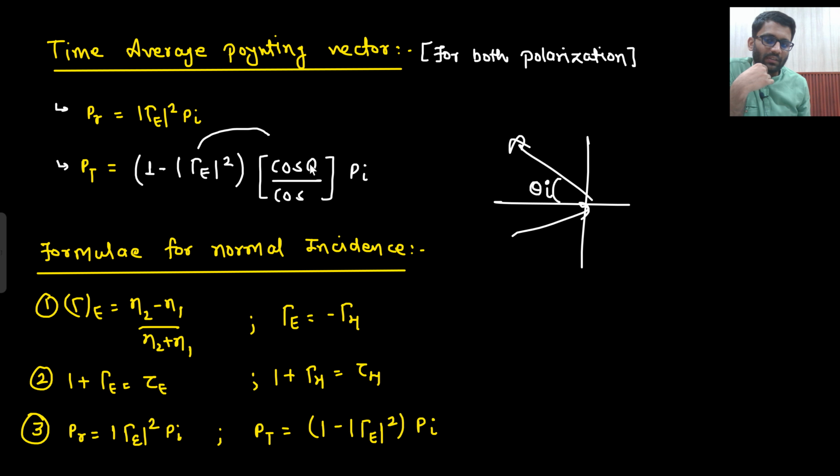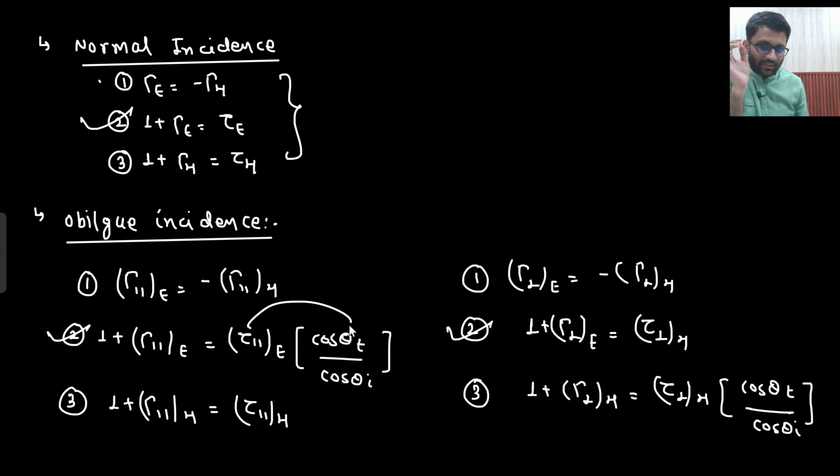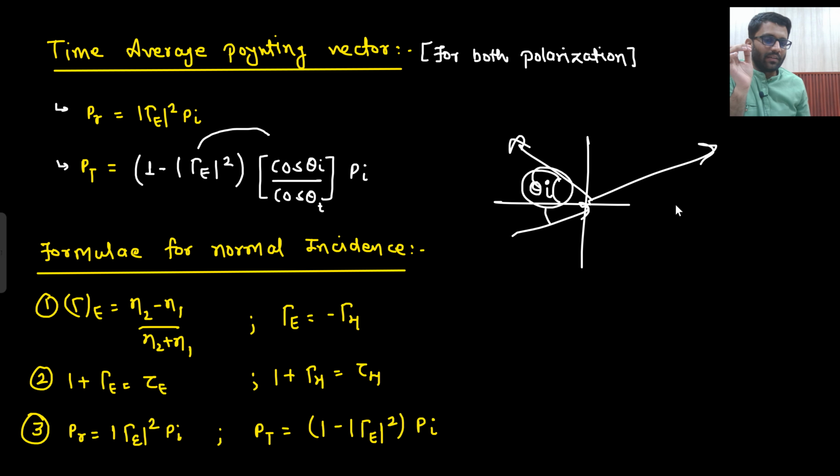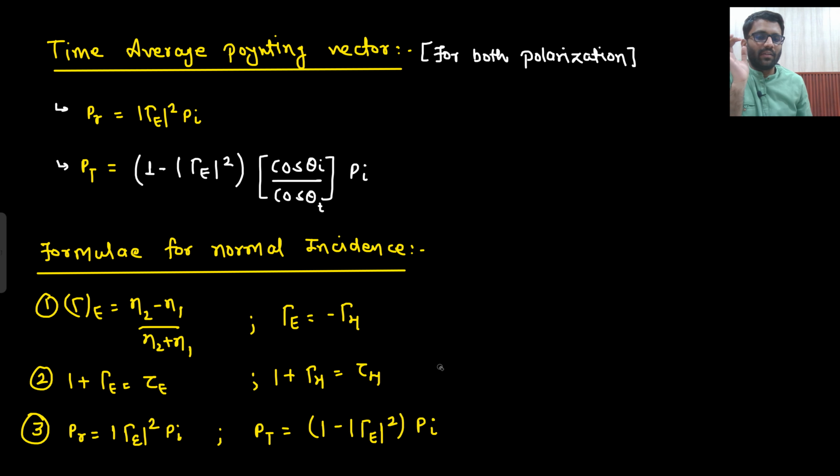So first theta I would come, then theta t would come. The angle of incidence is theta I. For transmission, we were writing theta t, but for gamma, we will write theta I. Is that clear to you? So this is the way to remember.